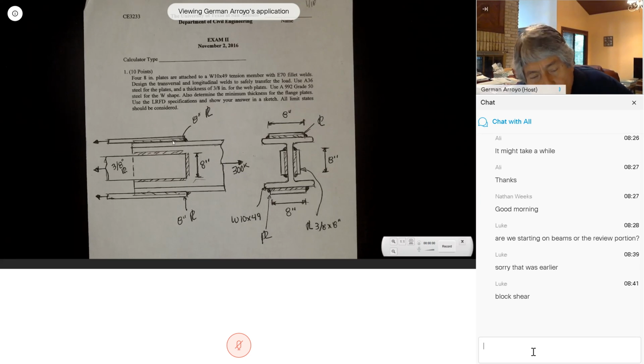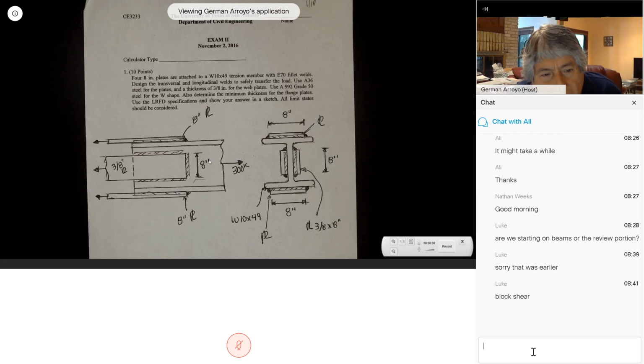And with that load, yield and rupture, I'm going to determine the thickness. Once I have done that, I'm going to check the weld, and also I need to check block shear here on the flanges.